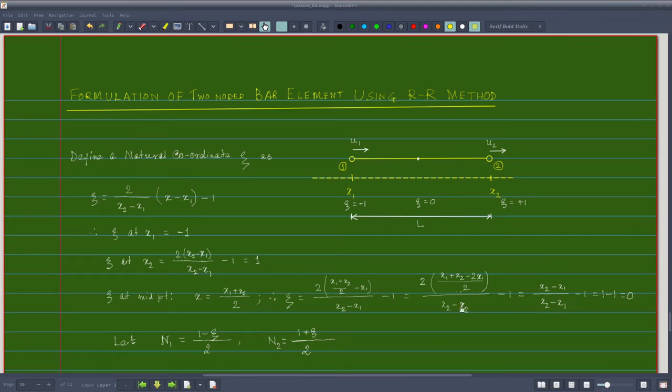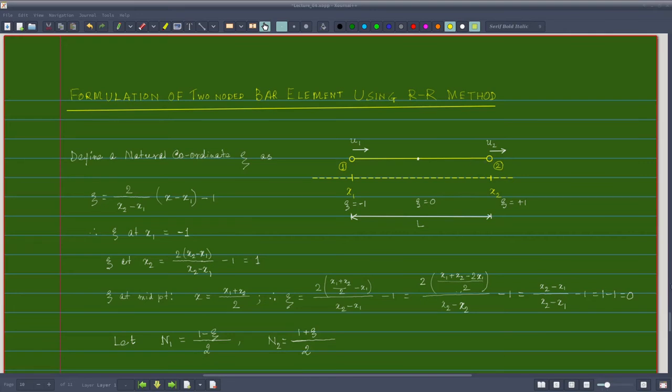Okay. So now we can express any point within the element with the help of this natural coordinate xi. So it will depend on where it lies compared to the total length of the element, and accordingly I will easily get the value of xi.